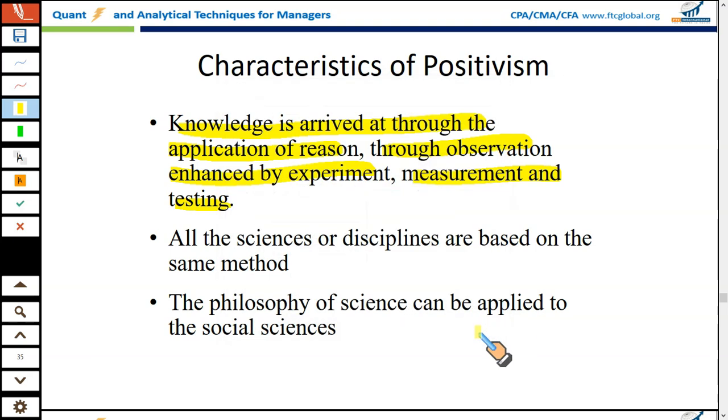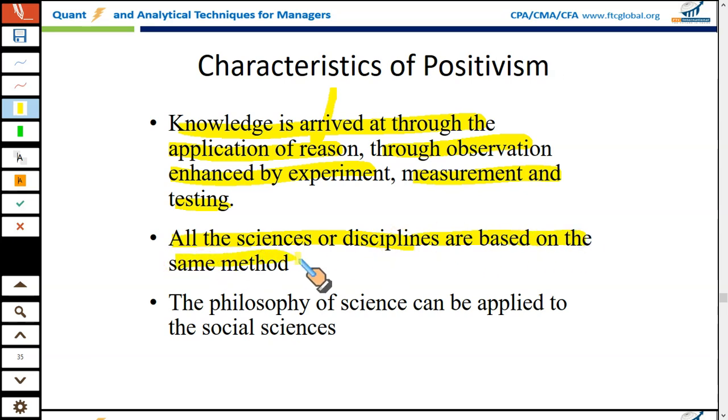Positivism believes that true knowledge comes from using logical thinking, application of reason, through scientific methods like experiments and measurement. This means we learn about the world by carefully observing it and testing our ideas to see if they are correct. Then it says all the sciences or disciplines are based on the same method.